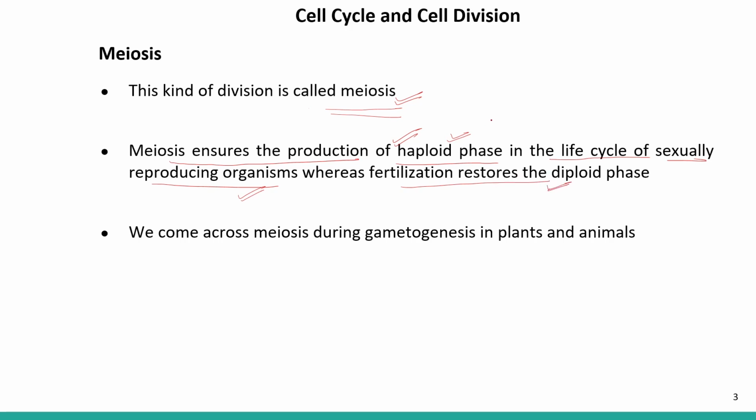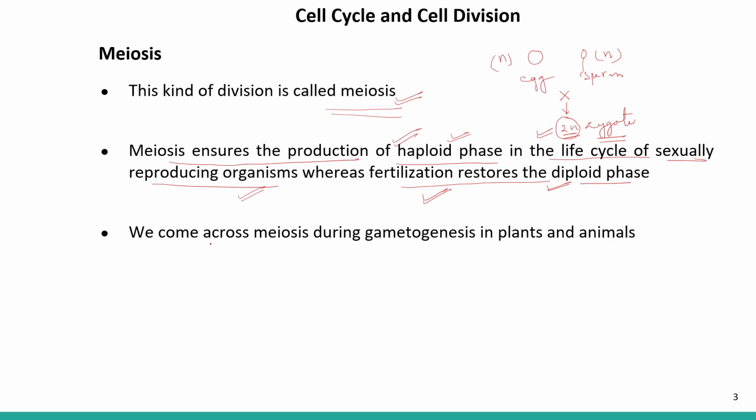After the formation of haploid gametes, they fertilize. Here again we can see egg and sperm, both haploid cells. When they fertilize, they form 2n, the zygote, which shows the diploid phase. So fertilization restores the diploid phase.